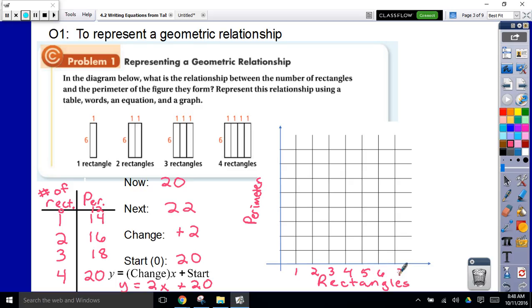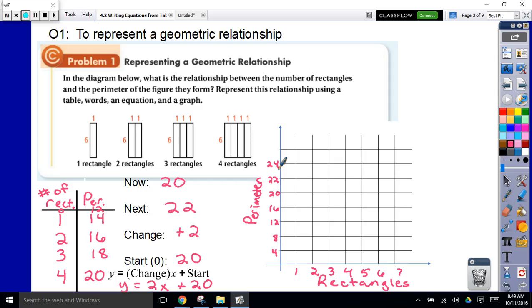And then since we're not starting until 12, I can't just start at 12 and go up by 1s or 2s. I can't leave a gap in my graph, otherwise it won't be accurate. So I'm going to go up by 4s. I'm going to go 4, 8, 12, 16, 20, 22, maybe go up one more, is 24.